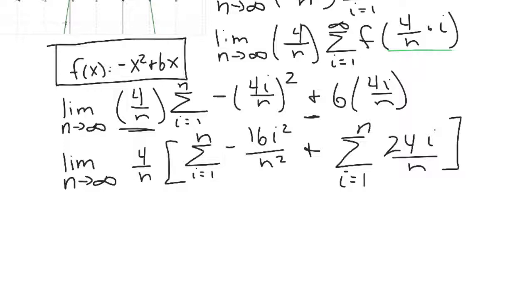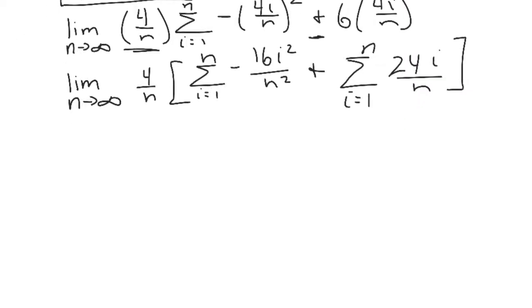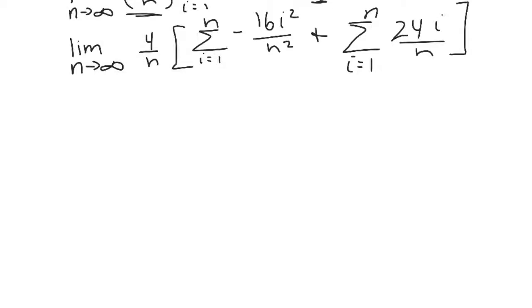And I'm going to move this up a little bit more. Now I can do some more work. Remember, everything is being multiplied by this 4 over n. So the limit as n approaches infinity of 4 over n times.